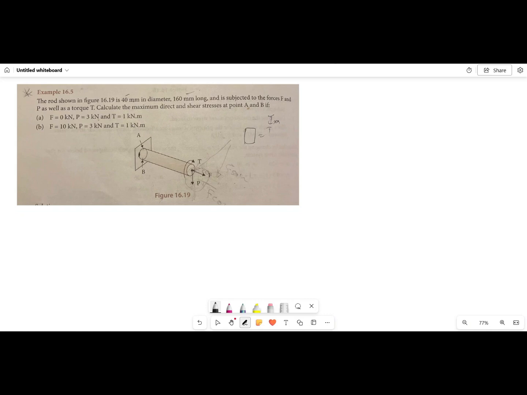If I pull your hand, what will you feel? Your body will move, right? I'm bending you if I pull you. What happens when I turn? Let's say this is your arm and I'm turning it like this. What do you think will happen to your arm? You're twisting it.